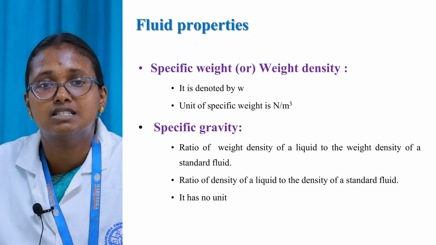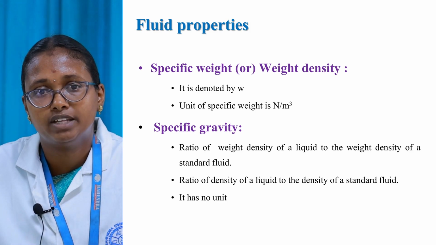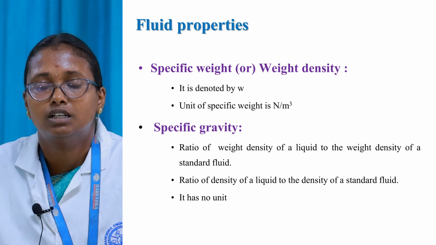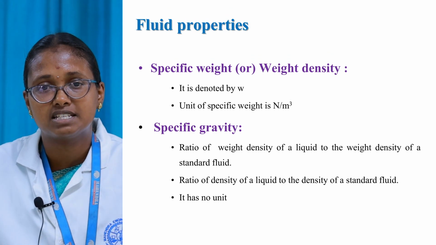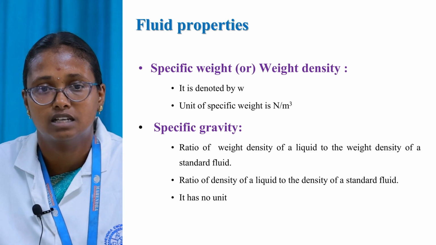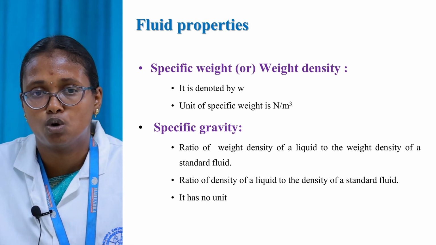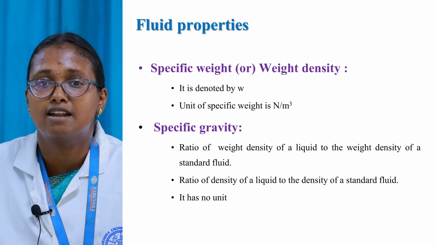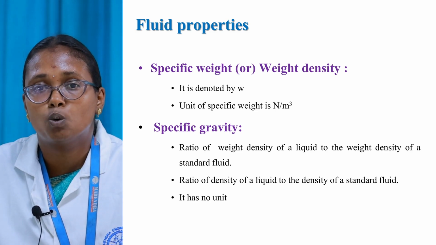It is nothing but the ratio of weight density of the given fluid to the weight density of the standard fluid. Here we denote the standard fluid: for liquid it is water, and for gas it is air. What is the given fluid?